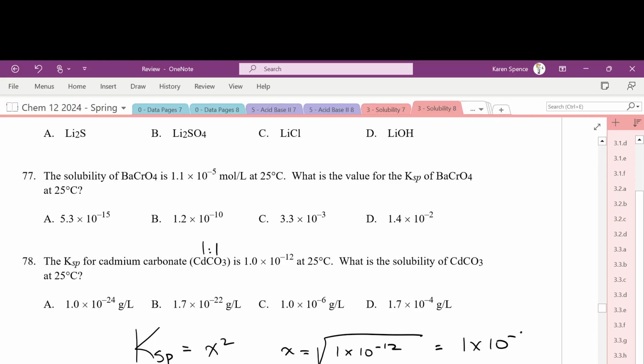And then the molar mass of cadmium carbonate is cadmium 112.4 plus 12 plus 16 times 3, so that's moles per liter times 172.4 grams per mole, 1.7 times 10 to the negative 4. So it should be D.